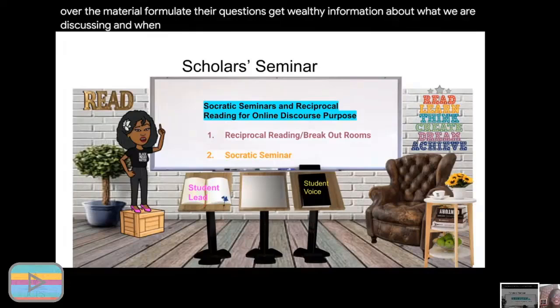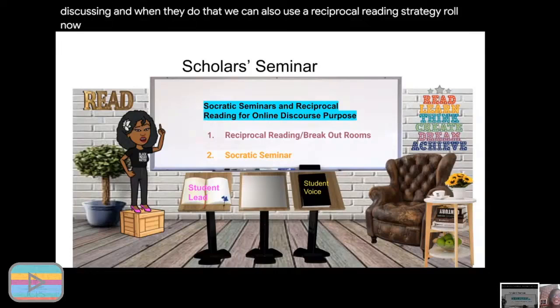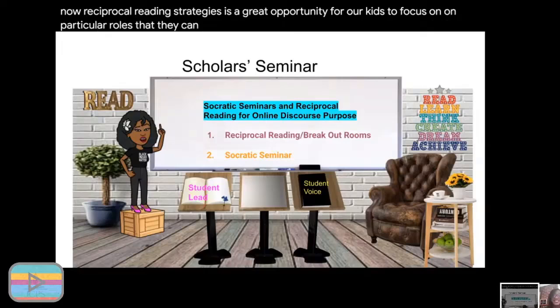And when they do that, we can also use a reciprocal reading strategy role. Now, reciprocal reading strategies is a great opportunity for our kids to focus on particular roles that they can bring to the discussion.